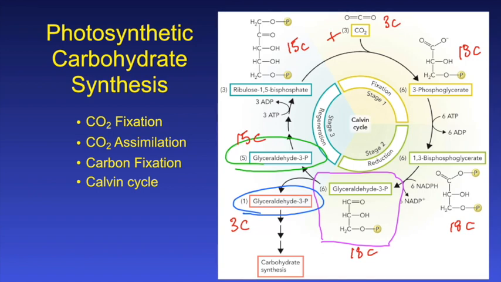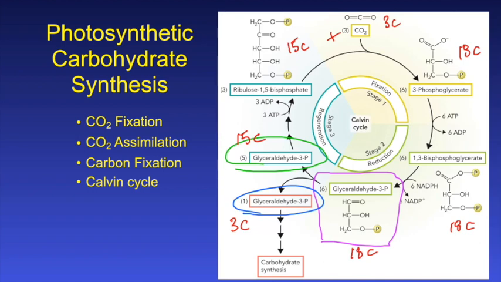All right? And so those are our 3 separate processes. Now, stage 1 uses 1 enzyme. Okay? So one simple, one and done. The stage 2 reduction has a couple of enzymes to do. And I have to have an enzyme that uses ATP, and then I have to have an enzyme that uses NADPH, and I get that done.